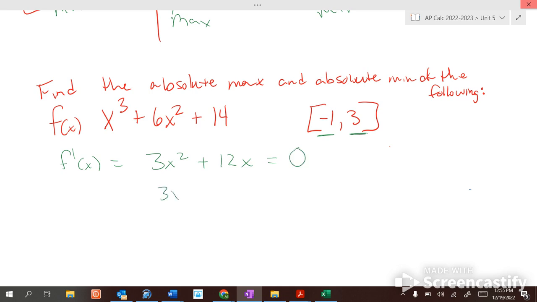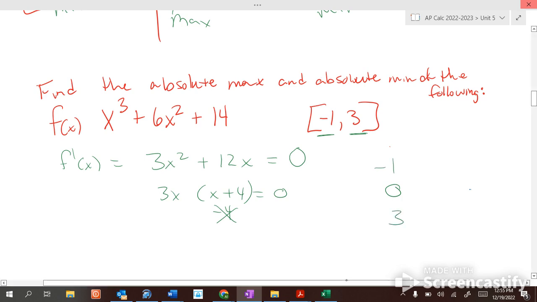Solve it. Take out a 3x, and you get x plus 4 equals 0. So you got to check the points 0 and -4, right? Do you have to check -4? No, why not? Not within our range. So you have to check these 3.